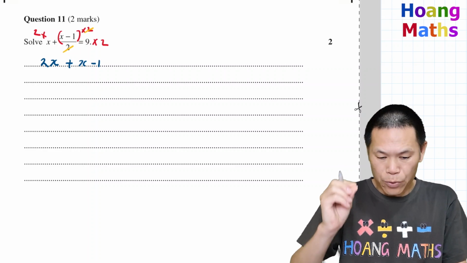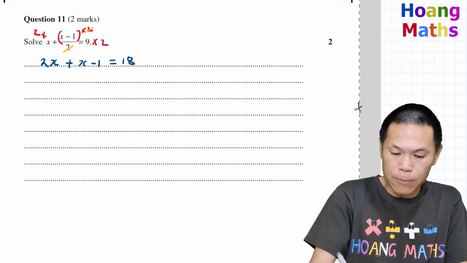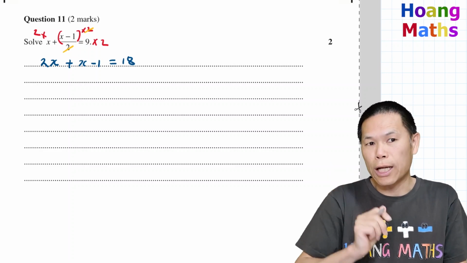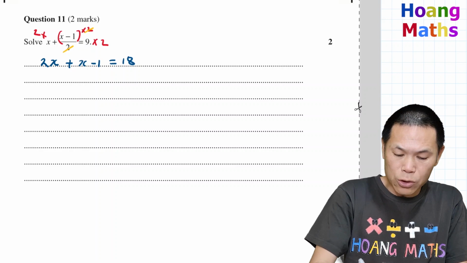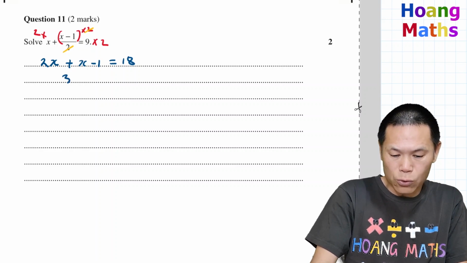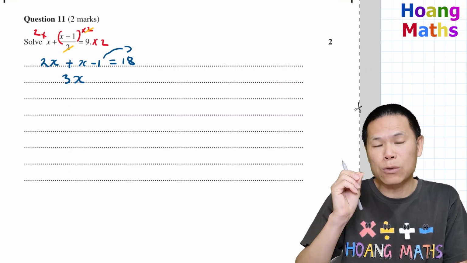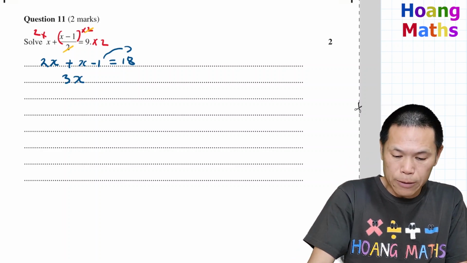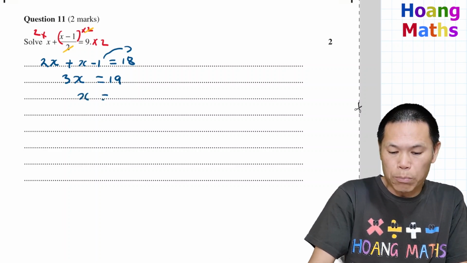And then we have 9 times 2 is 18. Just write 18. Now I collect like terms by adding the x values. So 2x plus x is 3x. And the negative 1, we move to that side and it becomes plus 1. So 18 plus 1 is 19. So 3x is equal to 19, and I divide by 3 on both sides.